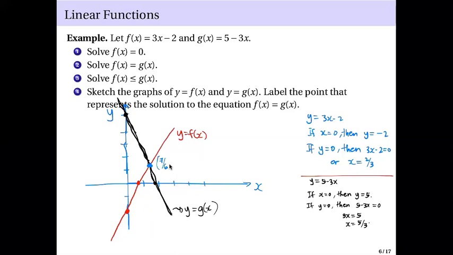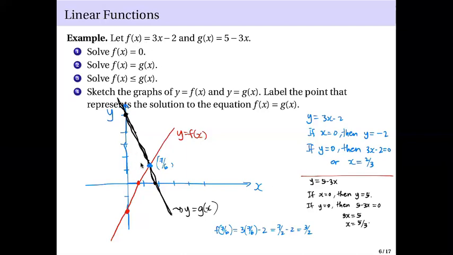And the y coordinate, let us solve for the y coordinate. So you can use x equals 7 over 6 on either f of x or g of x. Let's just use f of x. So f of 7 over 6 is 3 times 7 over 6 minus 2. But this is equal to 7 halves minus 2. And this is 3 halves, or 1.5.